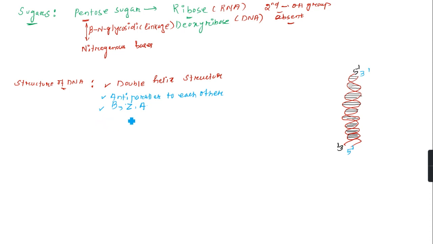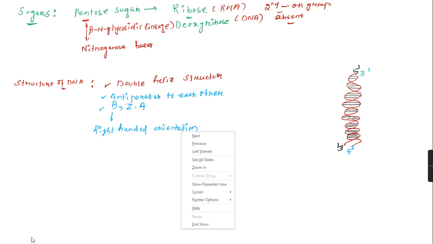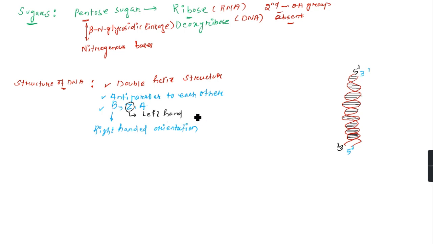Here is an exception. B DNA has a right-handed orientation, and A DNA is also right-handed, but there is an exception: Z DNA has a left-handed orientation.